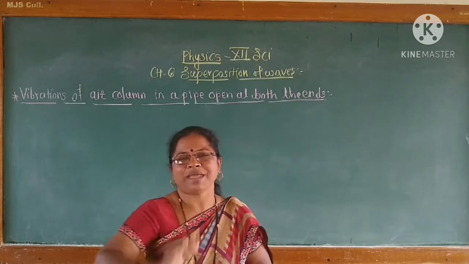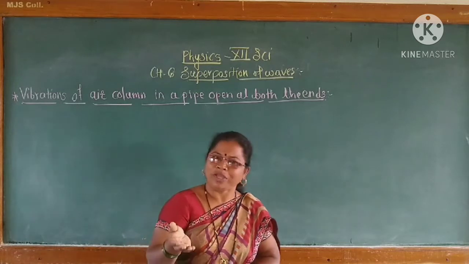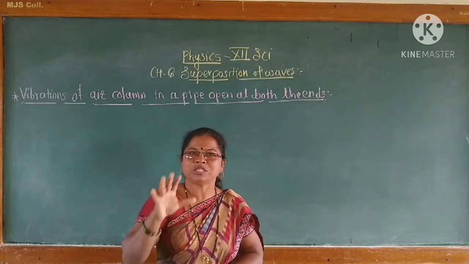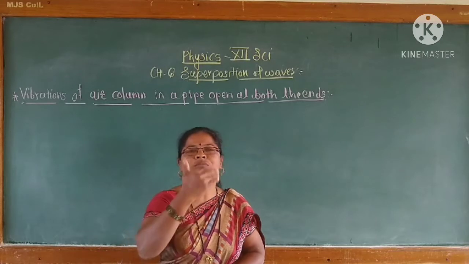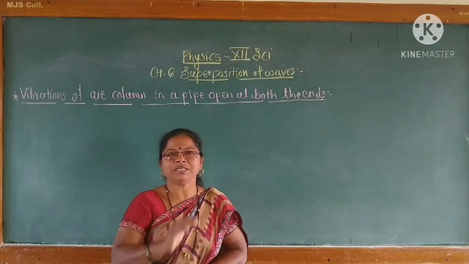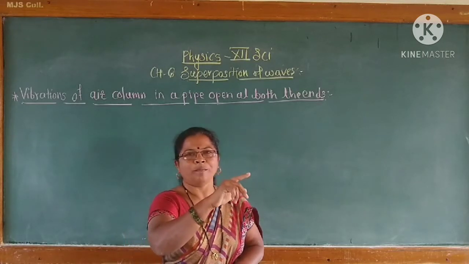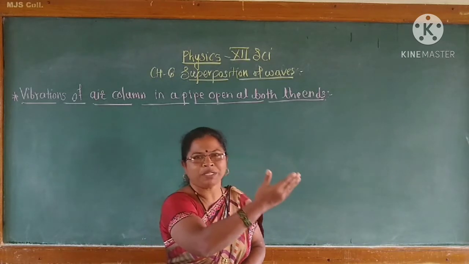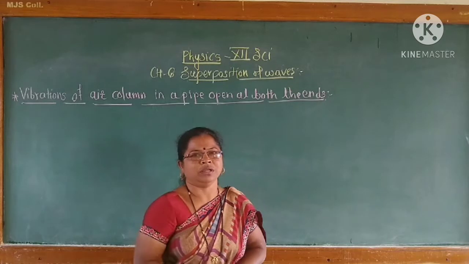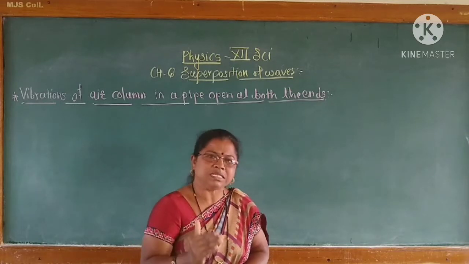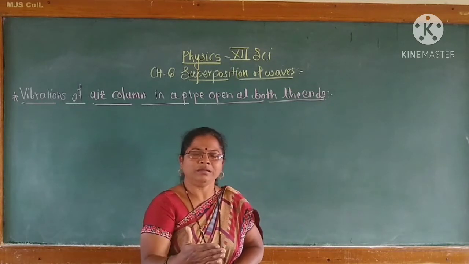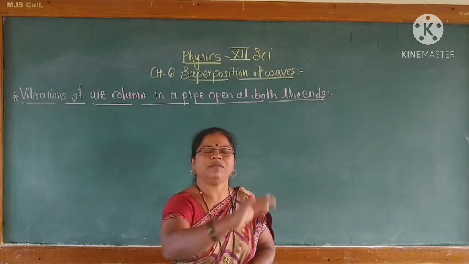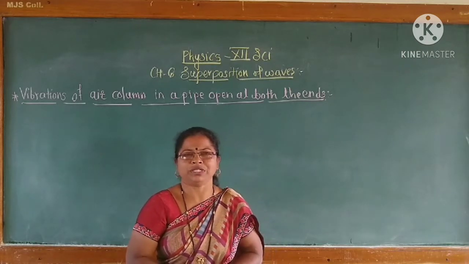That means there is maximum space for the change of phase of the particles. If a compression is incident at the open end, then the reflection of compression is a rarefaction. If a rarefaction is incident at the open end, then it reflects back as a compression.